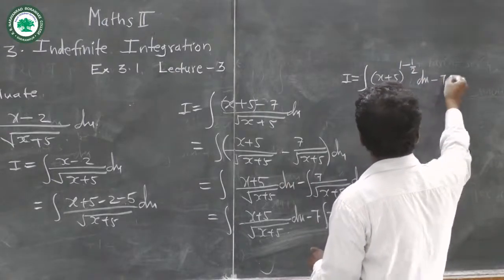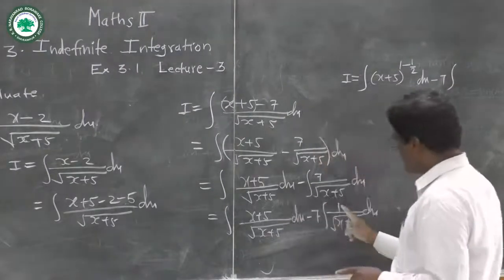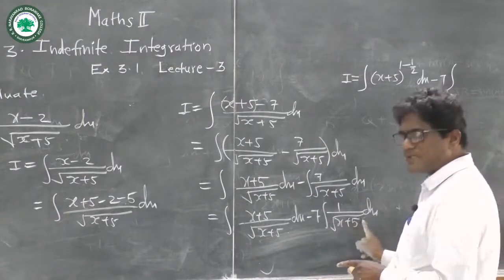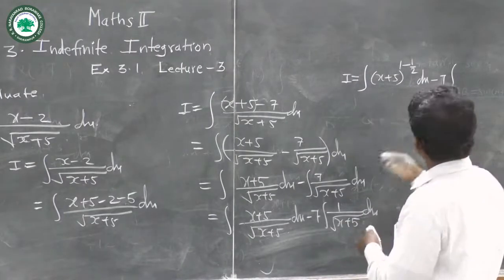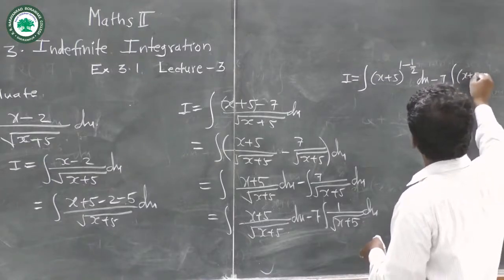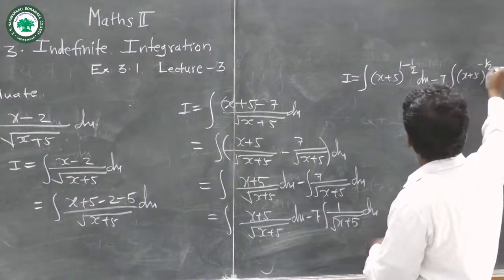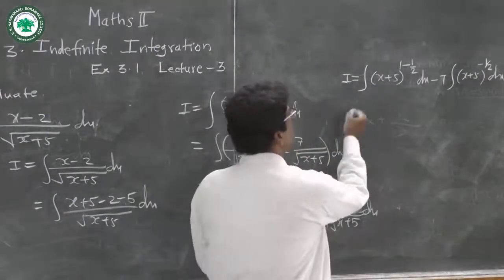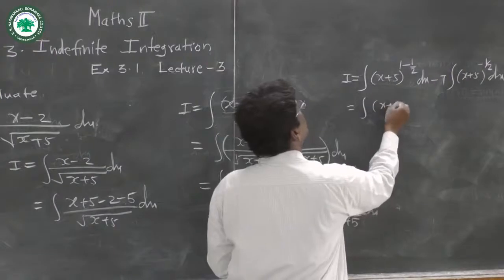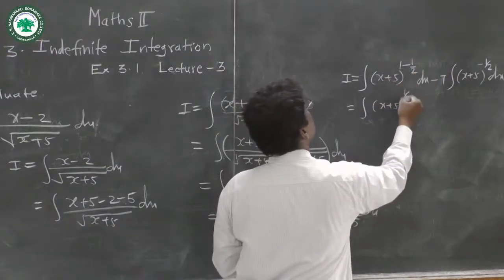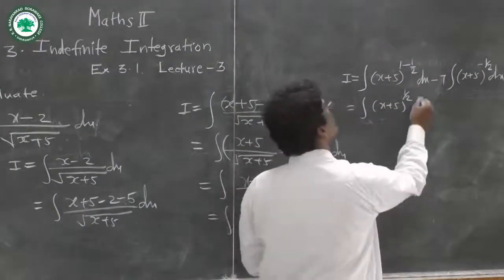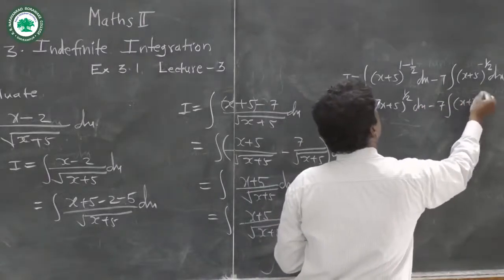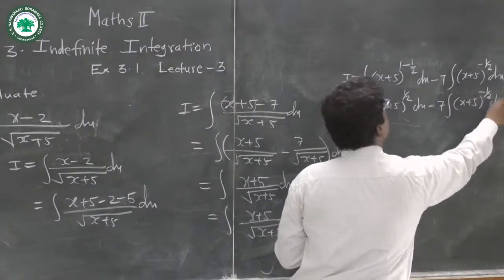Now here minus 7 integration of 1 upon root of x plus 5; in the denominator the power of x plus 5 is 1/2. We shift to the numerator, it becomes x plus 5 to the power minus 1/2 dx. Now it is equal to the integration of x plus 5 to the power 1 minus 1/2 dx minus 7 integration of x plus 5 to the power minus 1/2 dx.